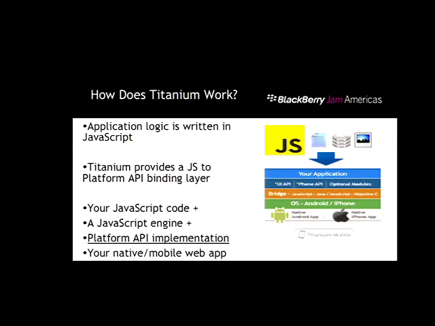V8, being the more performant, is the default. If you were developing cross-platform and went to iOS, the iOS JavaScript runtime is JavaScriptCore. So your JavaScript plus the JavaScript engine plus the Titanium SDK, which binds your JavaScript over to the native side of the platform, all create an actual native mobile application.